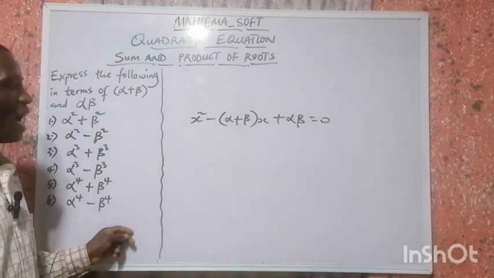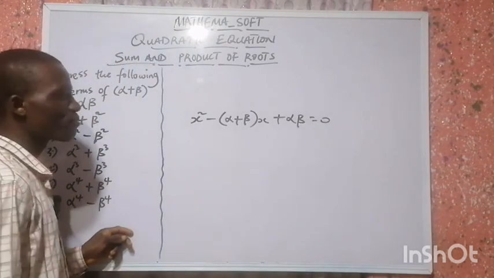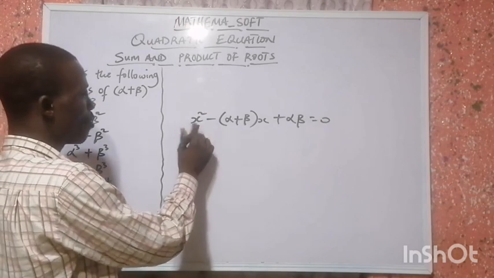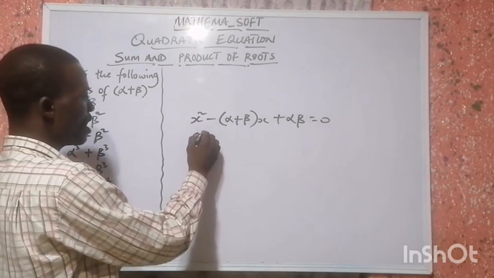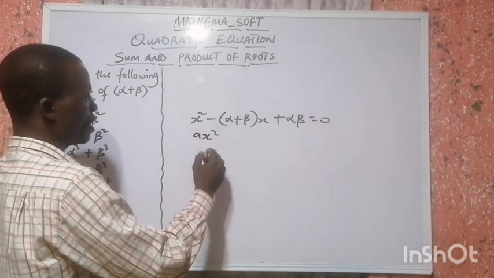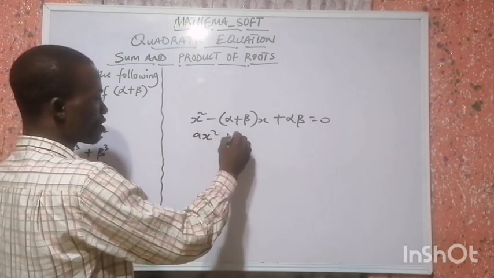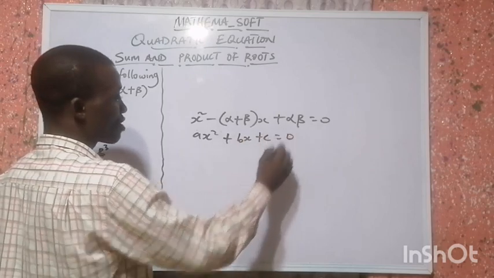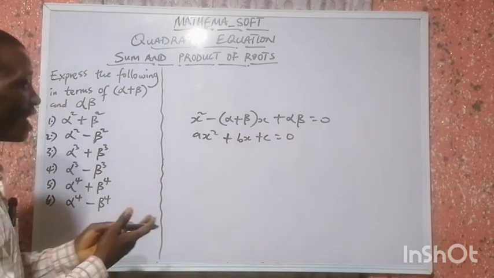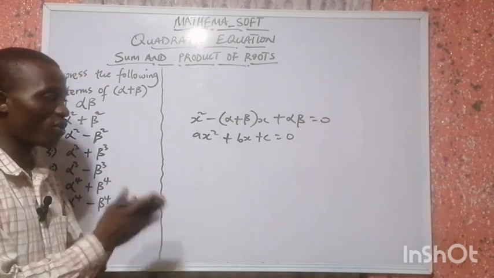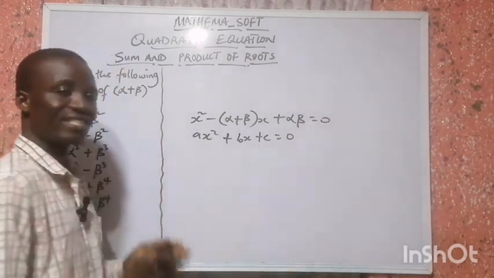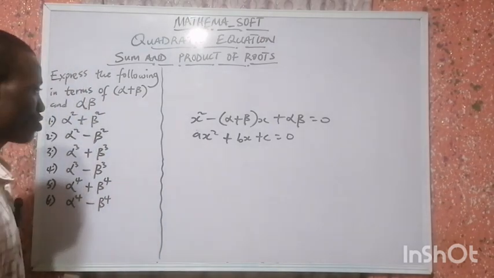0. And we have seen that this simply results in comparing with ax squared plus bx plus c equals 0, which is the original form of a quadratic equation. Any equation that can be written in this form is said to be a quadratic equation.